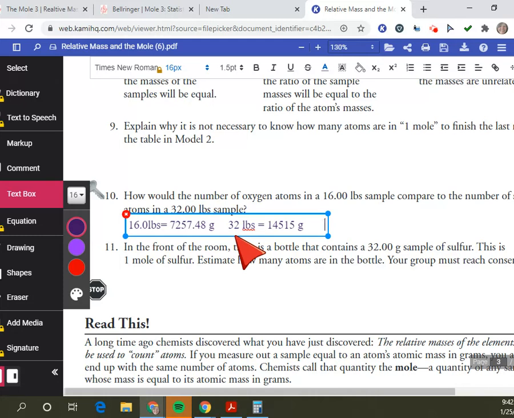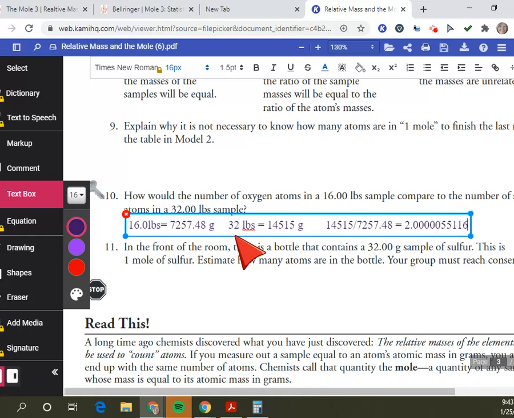So when I do that division, if I said 14,515 divided by 7,257.48, I'm going to get 2.000. You see, there was 5 zeros, 55116.